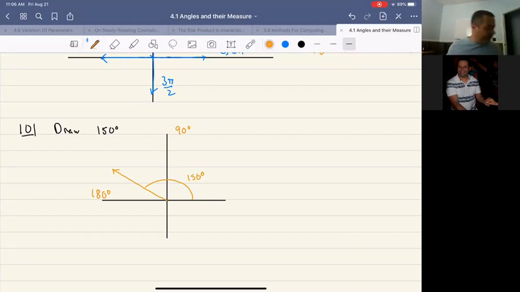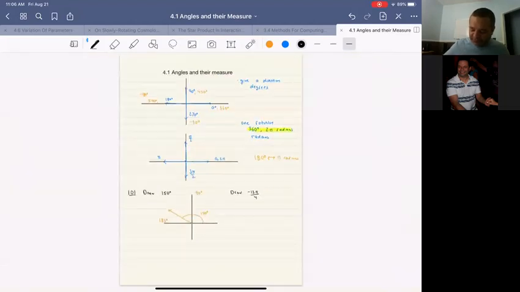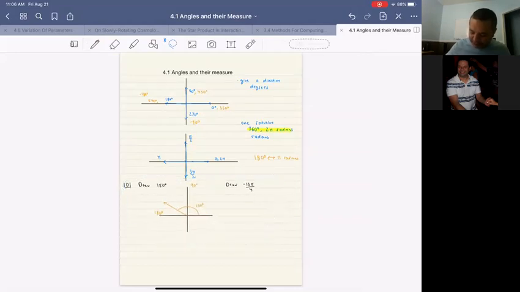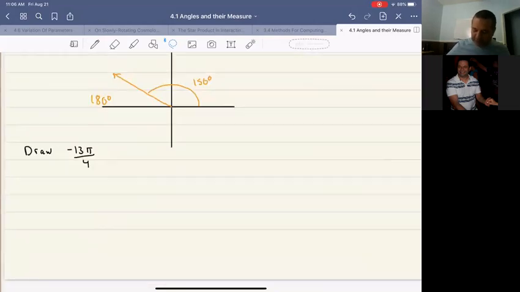Next one, number 16. We're going to draw negative 13 pi over 4. Man, immediately went to this one. That escalated quickly, as the kids say these days. Okay, so let's draw this.